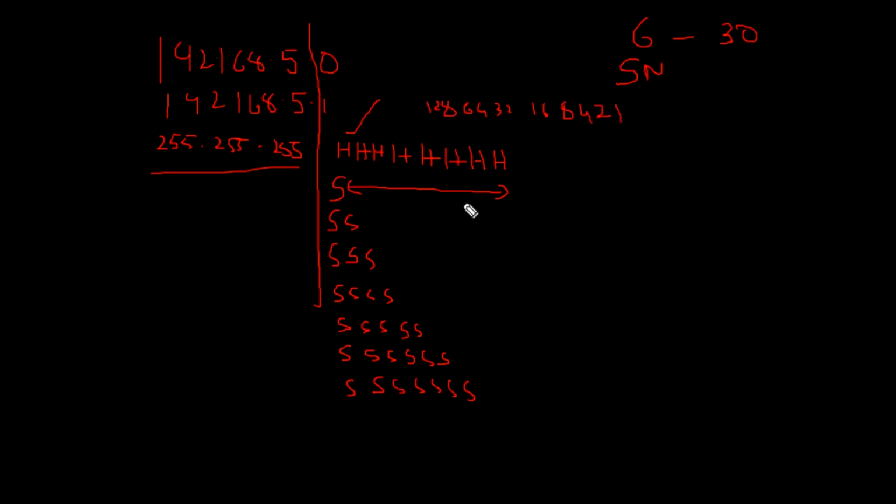So this value is 128. That means the mask, I will write the entire mask here: 255.255.255.128, or Cisco's representation is slash 25.